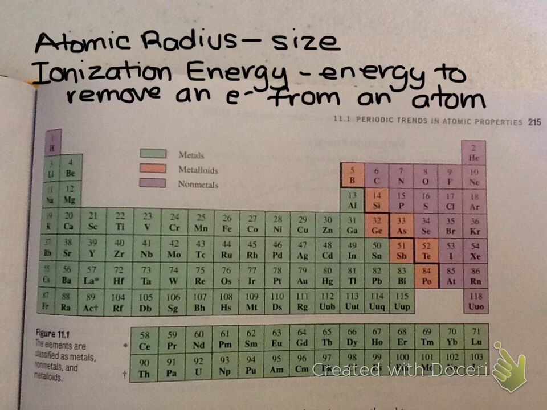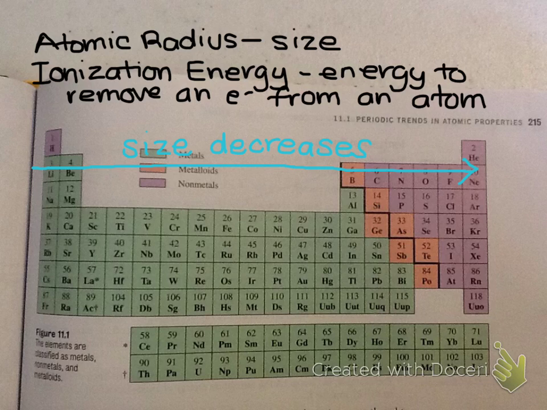So in terms of size, in general, as you go from the left to the right on the periodic table, the radius decreases. And the reason it's decreasing, or how we can explain it, is that in any given period you're all in the same energy level.